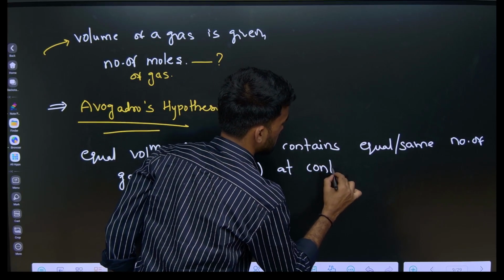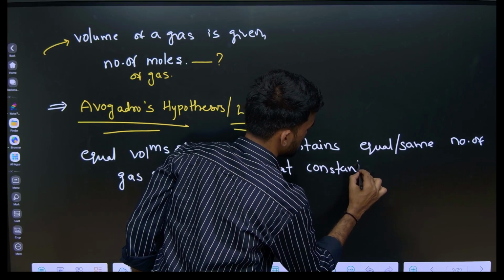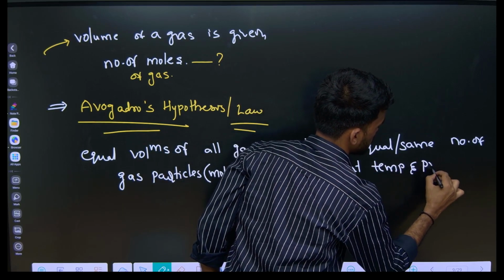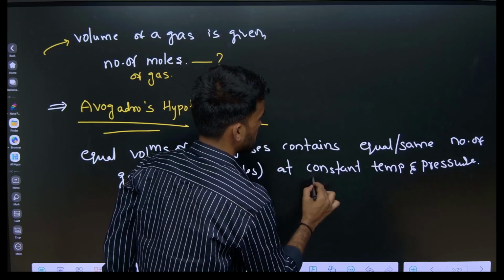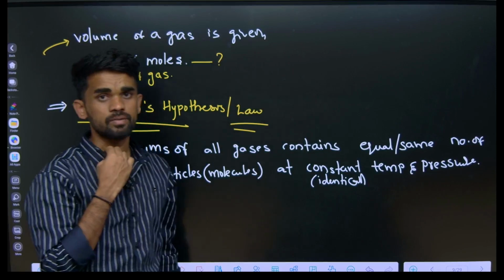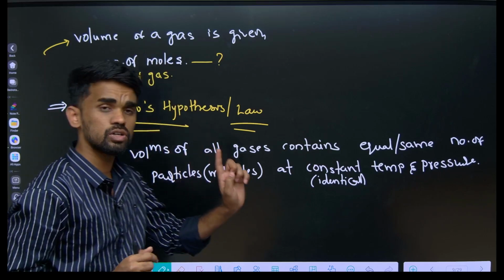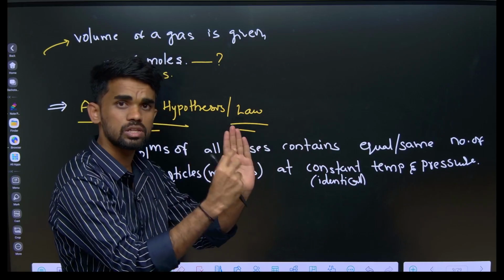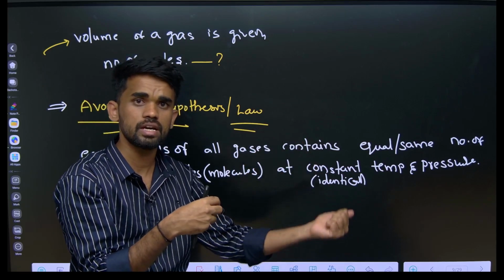at constant or identical temperature and pressure. Sometimes it may also be written as identical temperature and pressure. So whatever gas you take at a particular temperature and pressure, if we measure how many gas molecules are there in that container, it will be the same whether you take hydrogen gas, helium gas, whatever.